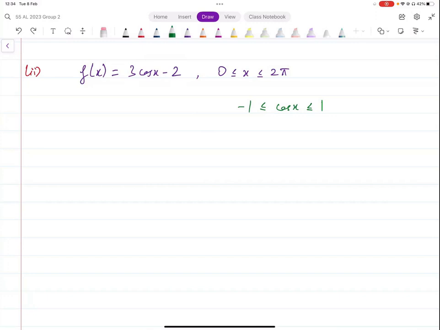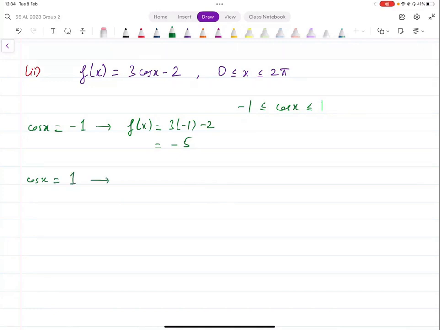So what you do is you input cos x equals -1 in this function. -1 input करते हैं और देखें आपके पास function की value उसके ऊपर क्या आती है. So when cos x is -1, you get 3 into -1 -2, and that is -5. ये आपके पास एक value आ गई function की. And then look at the other extreme of cos, and that is 1.